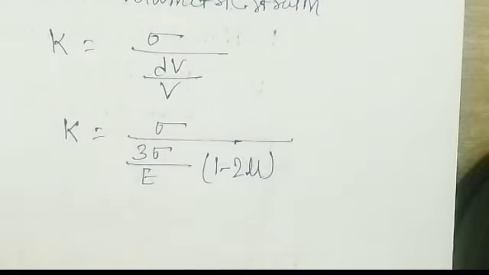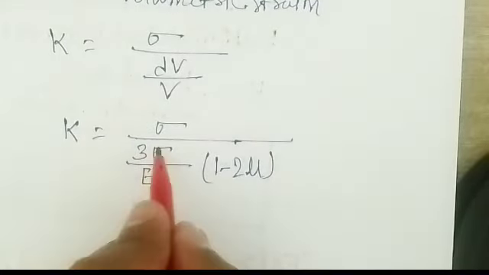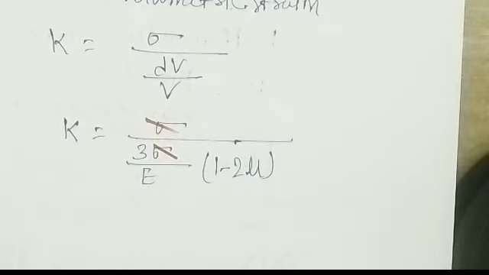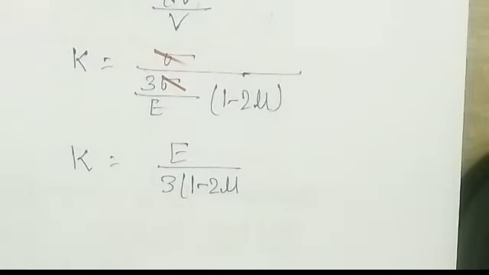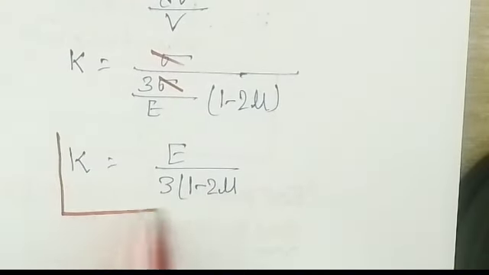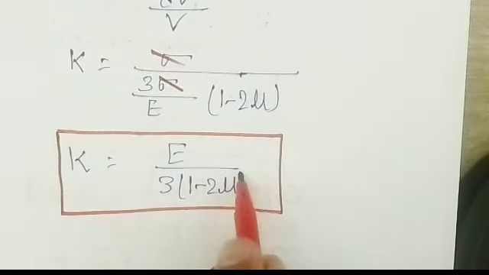So sigma and sigma get cancelled. So what is remaining? K is equal to, E will go up, E by 3 into 1 minus 2 mu. This is one of the relations we got. This relation is for the bulk modulus and the Young's modulus. Also the Poisson ratio is involved, right?